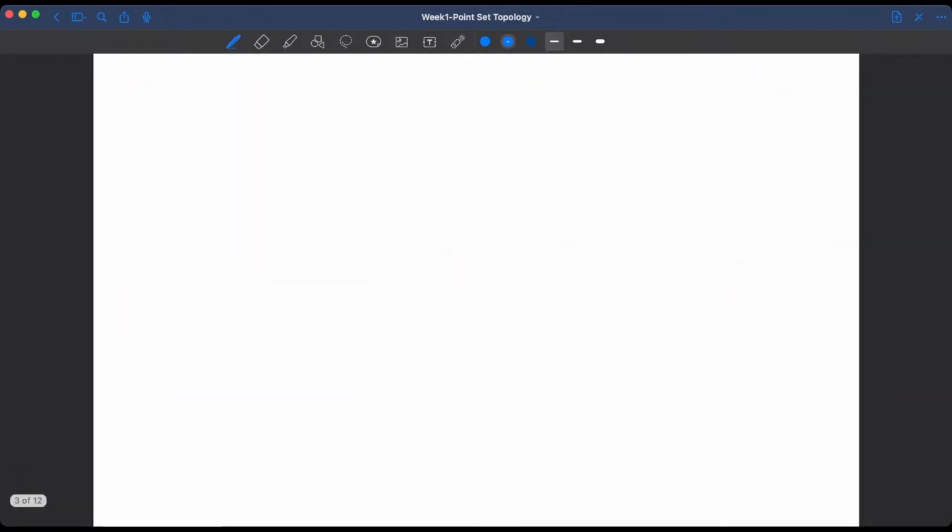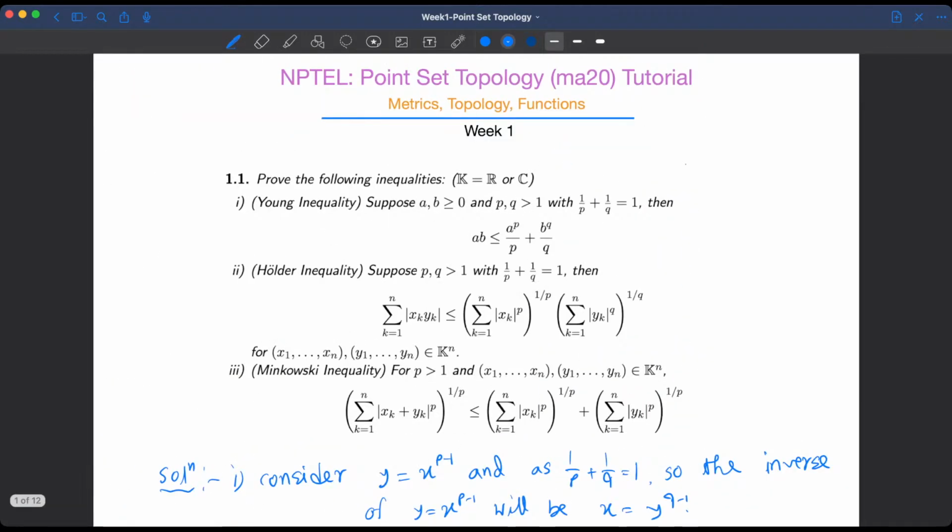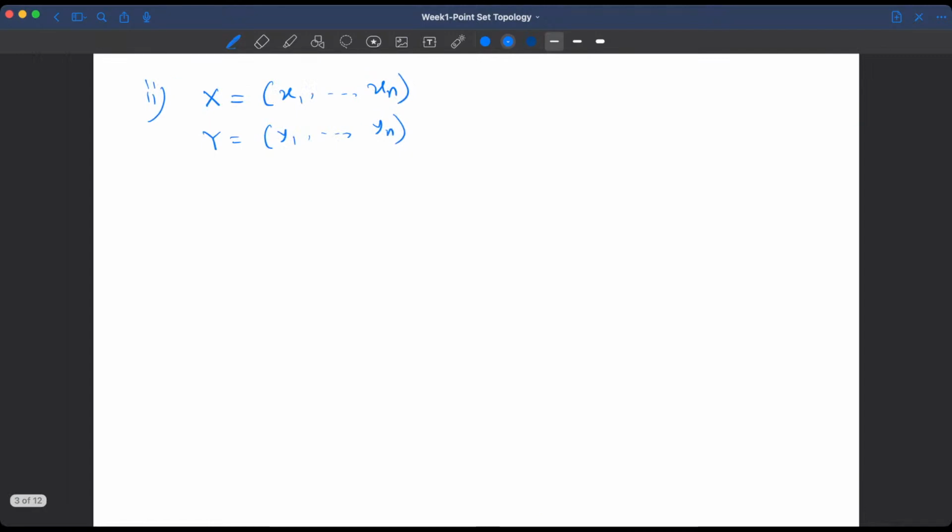So suppose I take my capital X as a vector, x1, x2 up to xn, and suppose I take y to be y1 up to yn. These are two vectors. So I'm assuming my k is R or C, so in this case you can assume both belong to k^n.